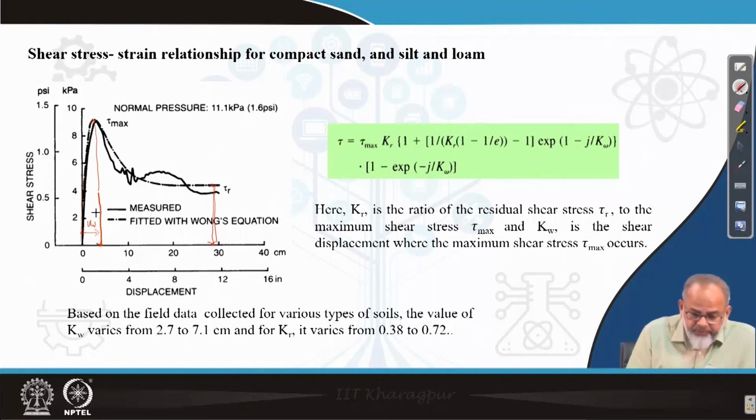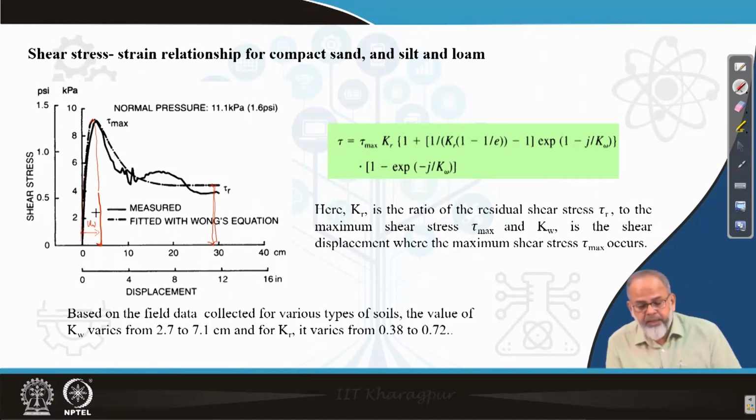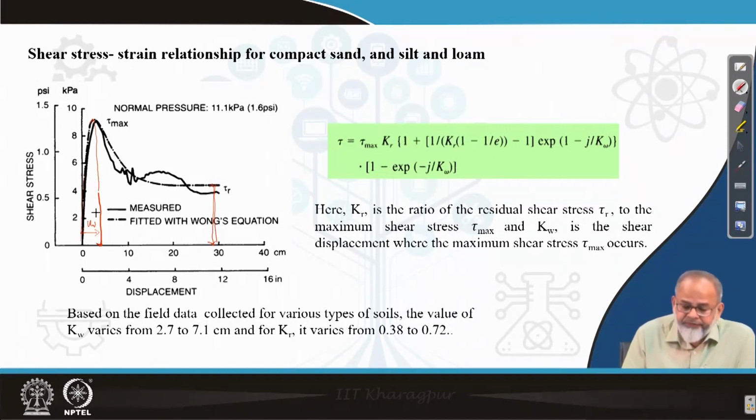If you know Kr and kw, then at any value of j, that is shear displacement, we can find out the corresponding shear stress if you know the maximum shear stress value. The nature of the curve which I indicated is for a normal pressure of 11.1 kilopascal. If you change the normal pressure, then the peak will rise, but the nature will remain the same.